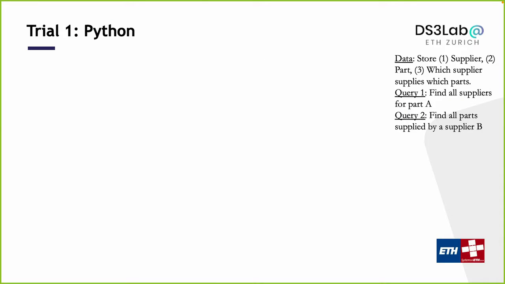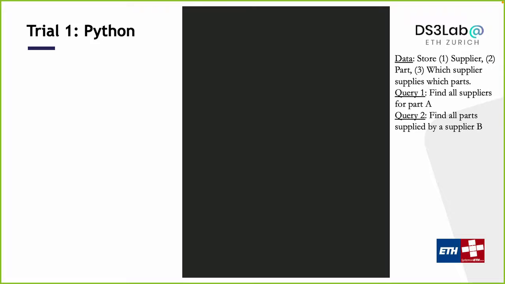We can always write Python, Java, or whatever programming language you are familiar with. So what if we create a whole bunch of in-memory arrays? One array stores all the suppliers, one stores all the parts, and one stores the supply relation between parts and suppliers.